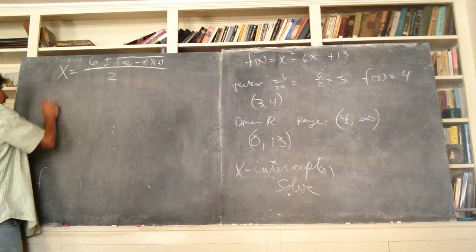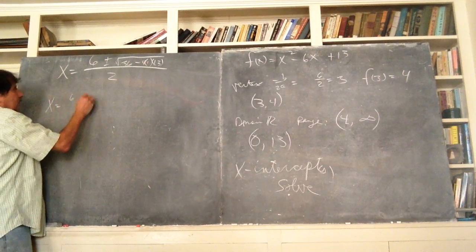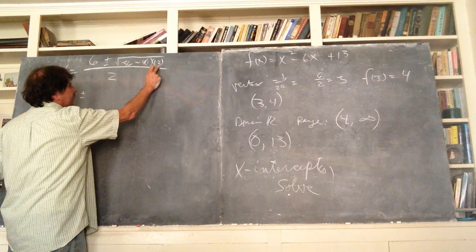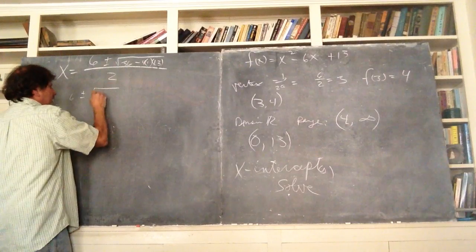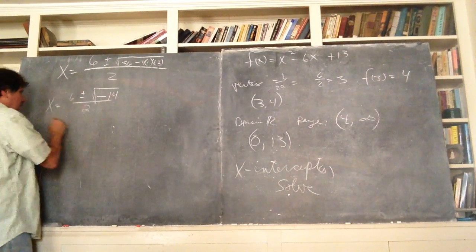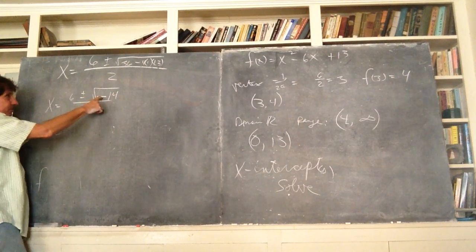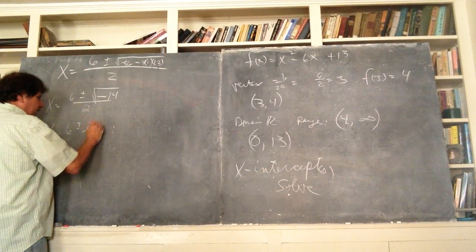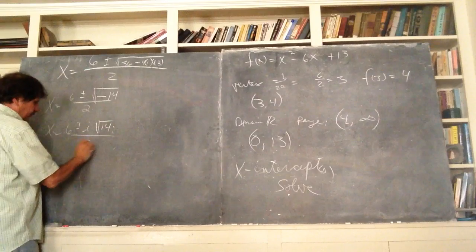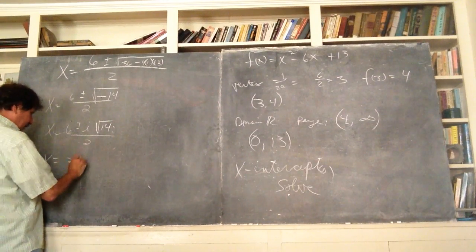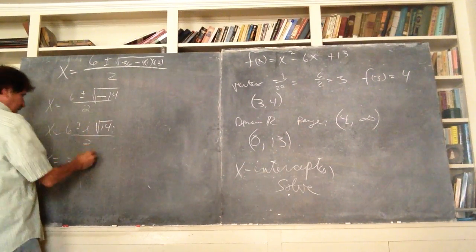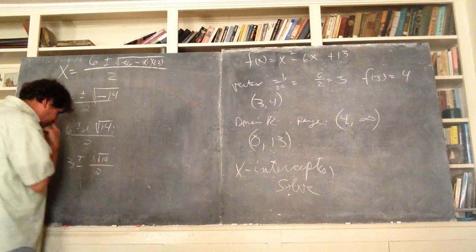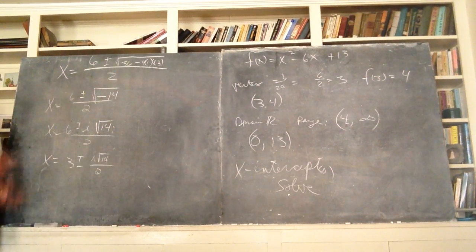Quadratic formula: x equals 6 plus or minus the square root of 36 minus 52, which is negative 16. That should not be a surprise. 6 plus or minus i square root of 16 all over 2. And actually we can go x equals 3 plus or minus, this is the way you write it, i times the square root over 2. That's a complex number, and it should not be a surprise.